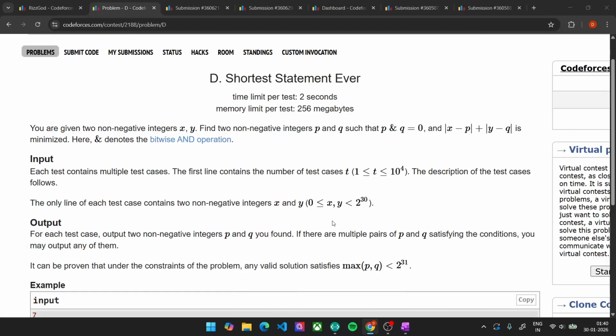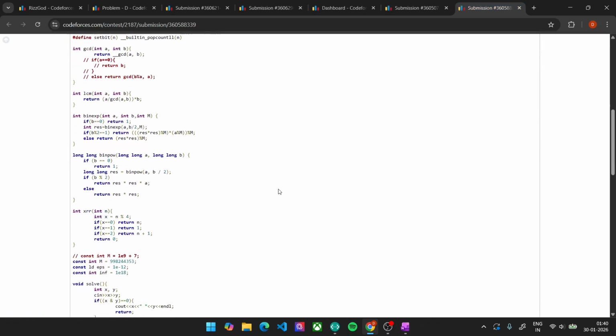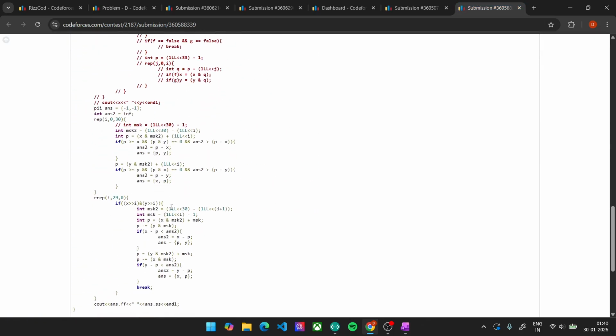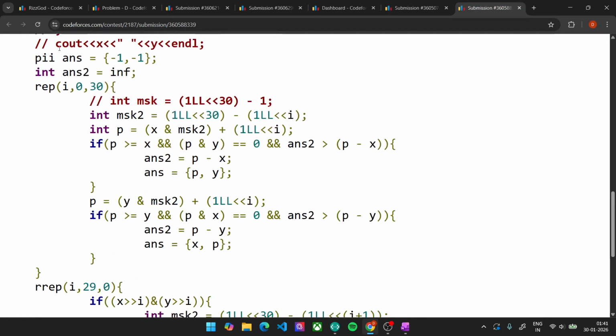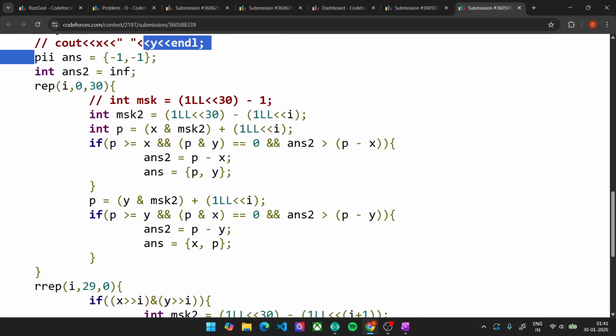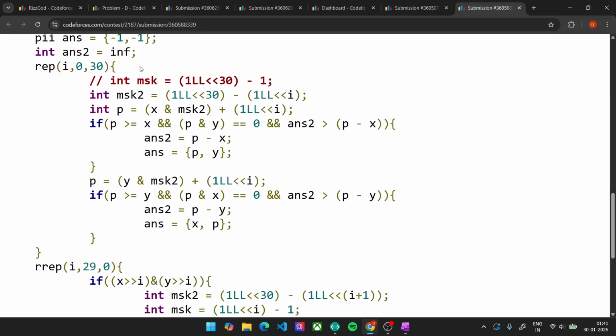So let's look into the implementation for once. This is my pair answer, which denotes my final P and Q. I have initialized it with just minus one. This answer 2 denotes my sum of the absolute differences of P and Q with X and Y respectively.